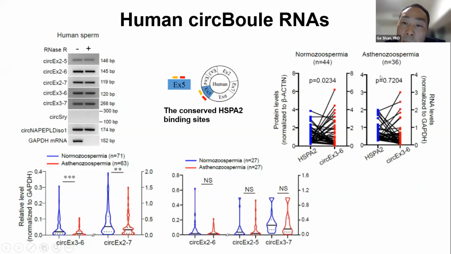Also in the patients, we can see HSPA2 protein has no relationship with circBoule RNA. But in normal sperm, the circBoule level and HSPA2 level are correlated.